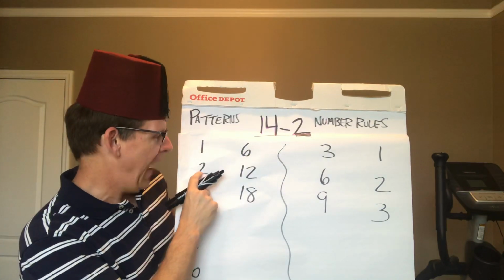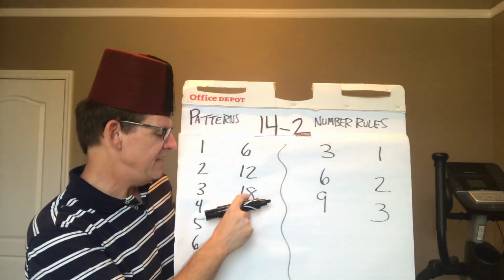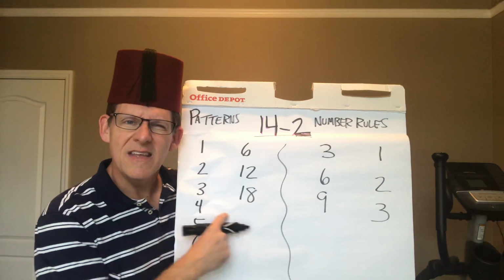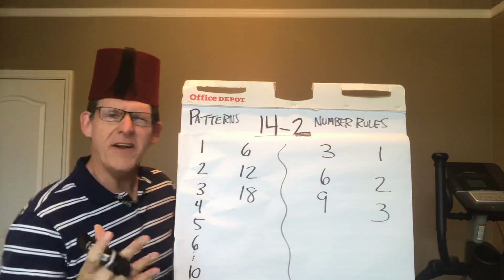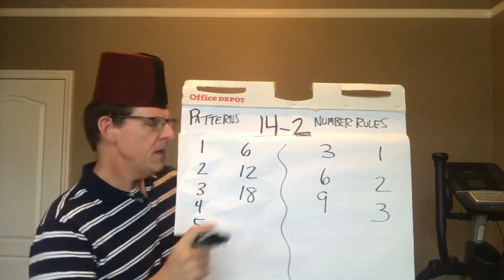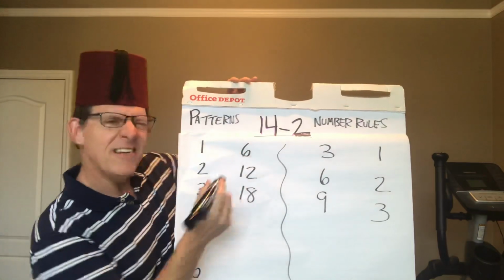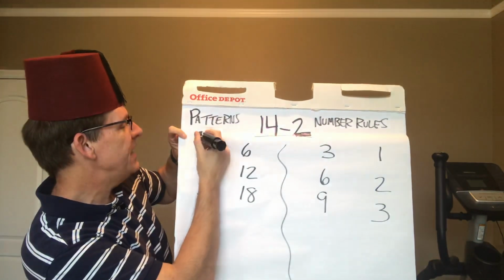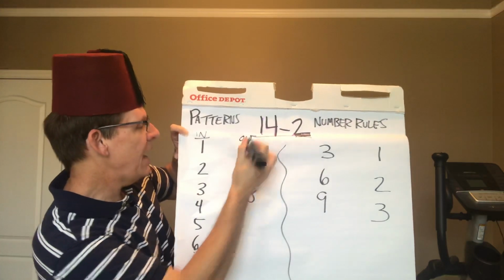And then in 2 packs, there's 12. And in 3, there's 18. Well, I wonder how many would be in the 4th pack. If I look at my pattern here, now some of you have already figured it out, but just take your time. I have a 1 and a 6. It's almost like this number goes in and this number goes out.